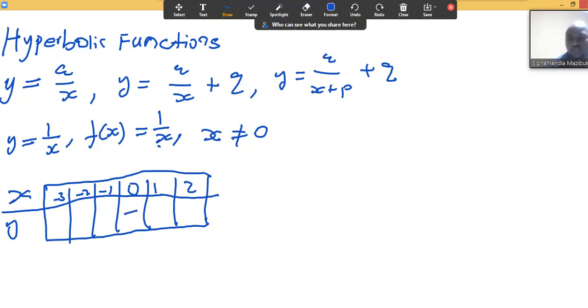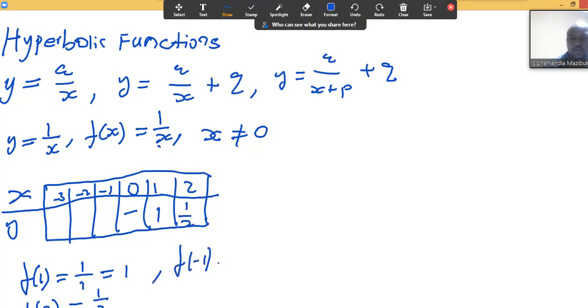So let's start with f of 1. When x is 1, we have 1 over 1, which is 1. F of 2 will be nothing but 1 over 2, so this will be 1 over 2. Let's look at f of minus 1.